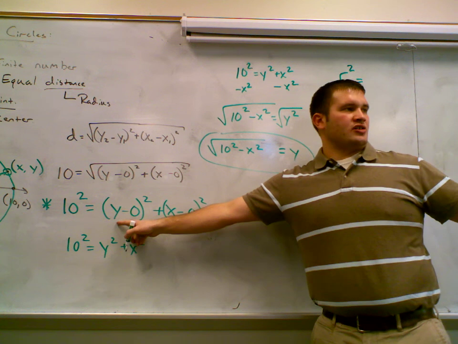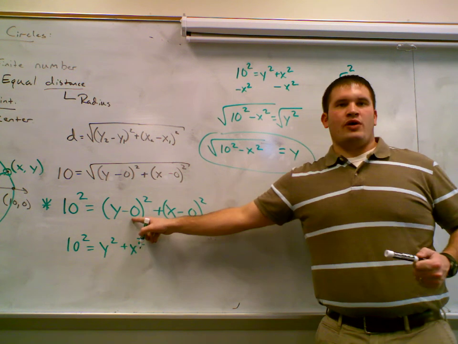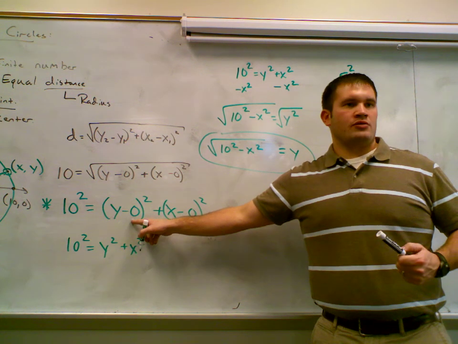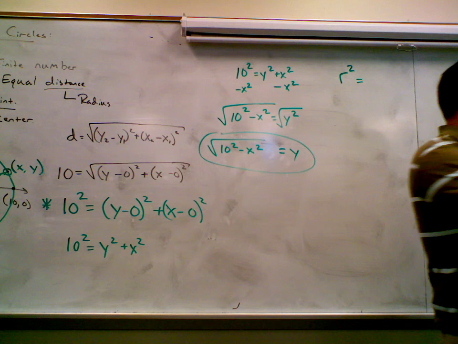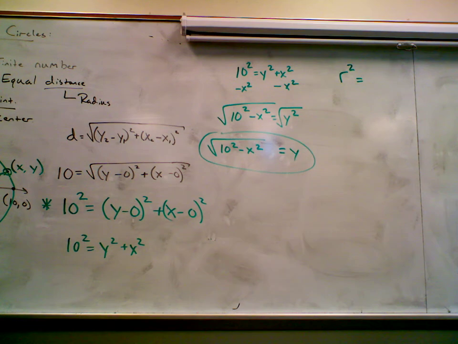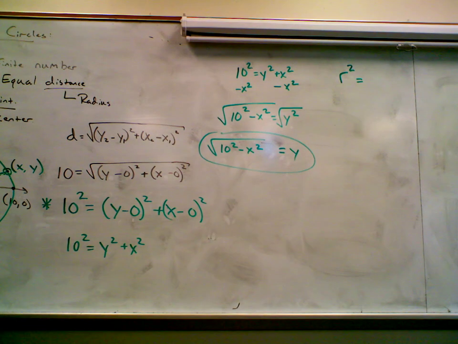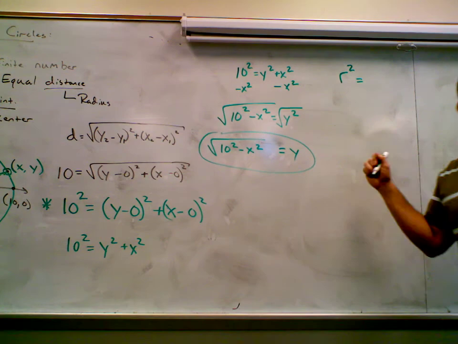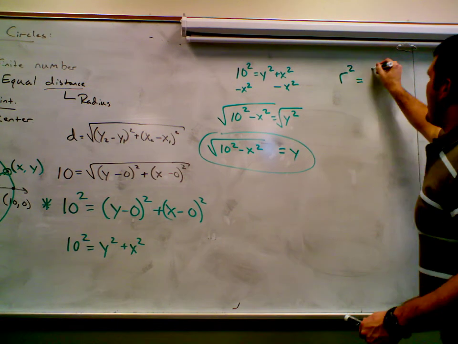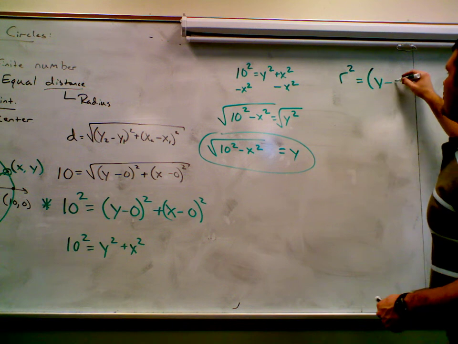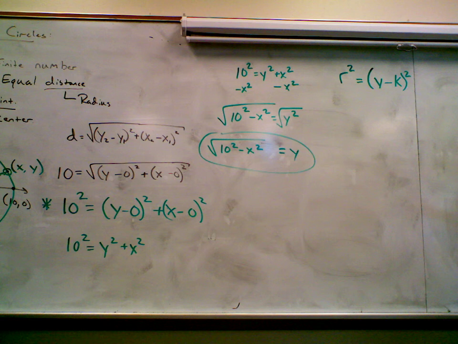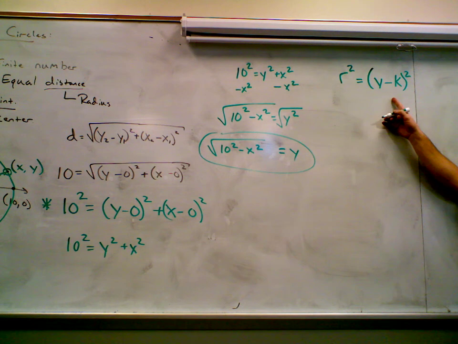Y was a point on my circle, right? The 0 was what? The 0 comes from where? The origin. We picked the origin to be the what for our circle? Center. Good. So this 0 right here is the y coordinate of the center. So I can write it as y minus, and the y coordinate of the center is called k. So instead of 0, I now have k.